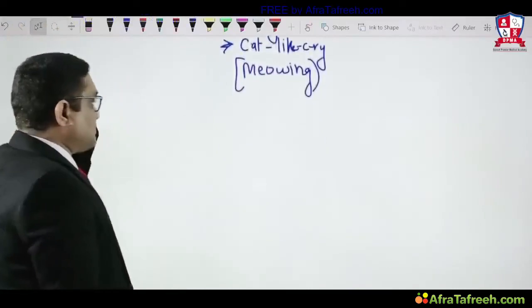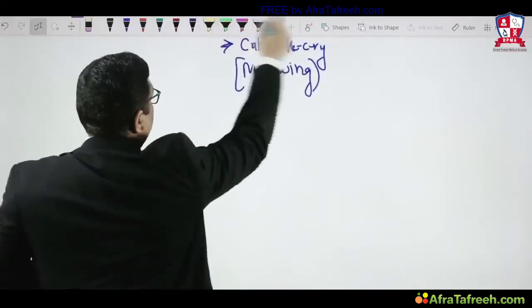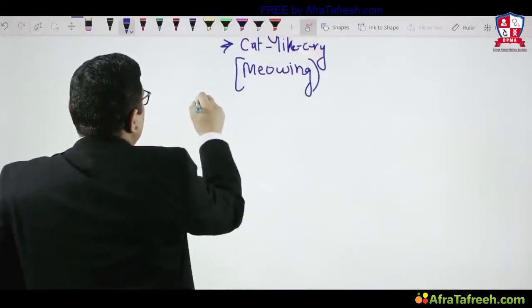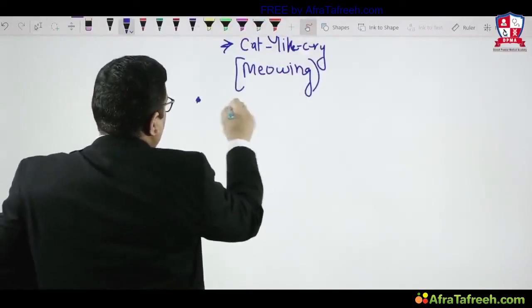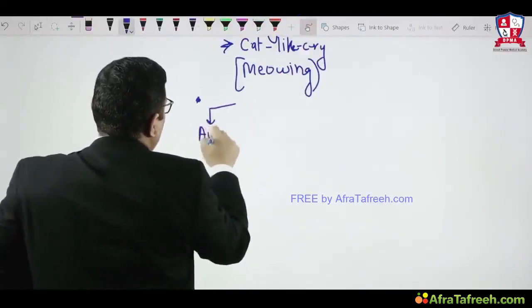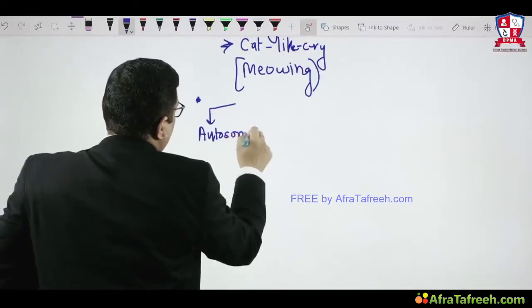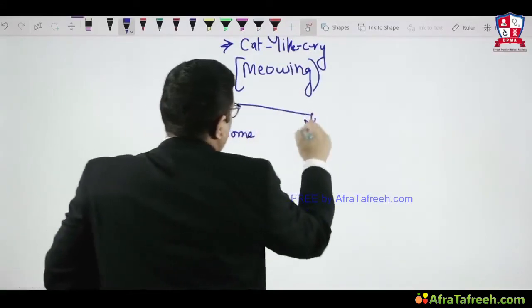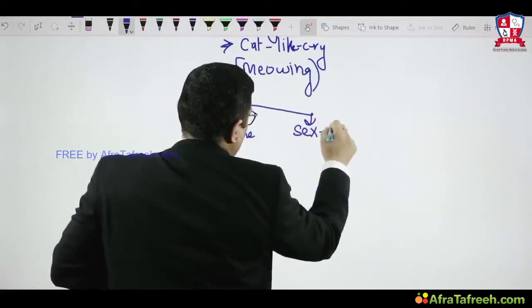Then we can see some numerical disorders which are associated with autosomes, and there are certain disorders which are associated with the sex chromosomes.